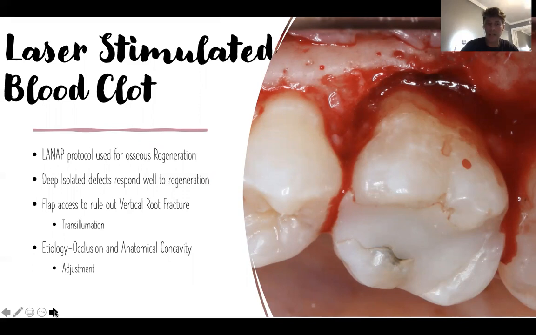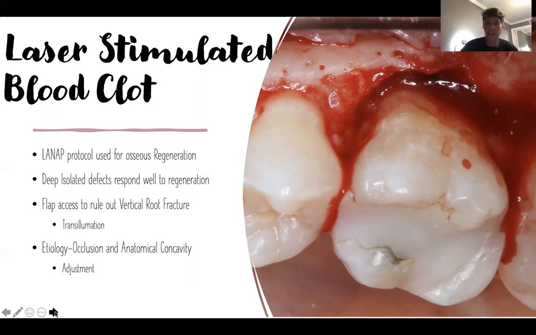Well, it's a pretty complex process, but what we end up doing is we create a laser stimulated blood clot that allows for scaffolding and live stem cells for true periodontal regeneration. Regeneration works well when we have deep isolated defects, such as this case, a well-contained 3-wall moat-like defect.